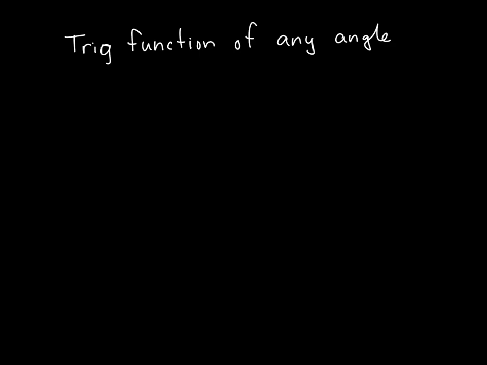So we're going to go ahead and start with our trig functions and talk about how to find a trig function for any angle. So let's start with the 30 degrees or pi over 6.